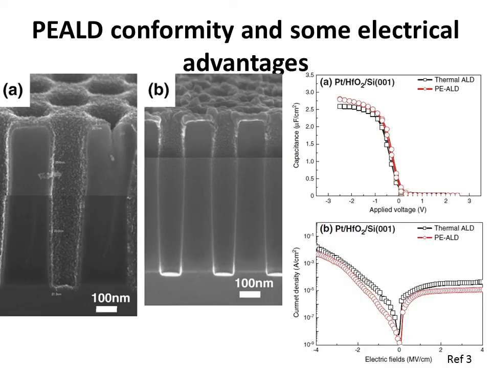Interface state densities represented by distributions of interface traps was approximately 2.5 times greater for thermal ALD when compared to PEALD. Leakage current of PEALD hafnium oxide was also smaller than that of thermal ALD, as shown in graph B. All these results indicate that in this case the overall quality of the PEALD was better than for the thermal ALD.